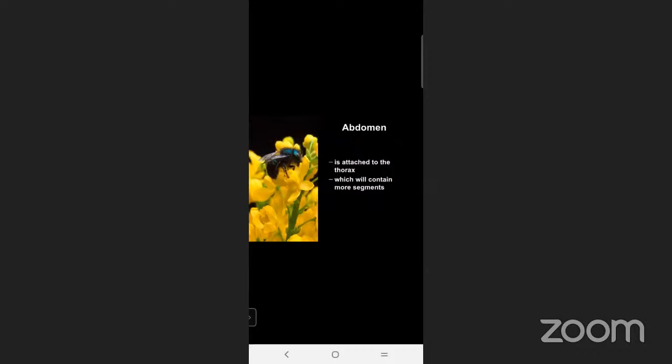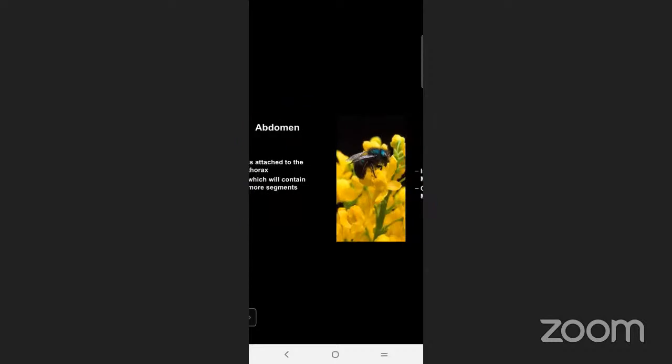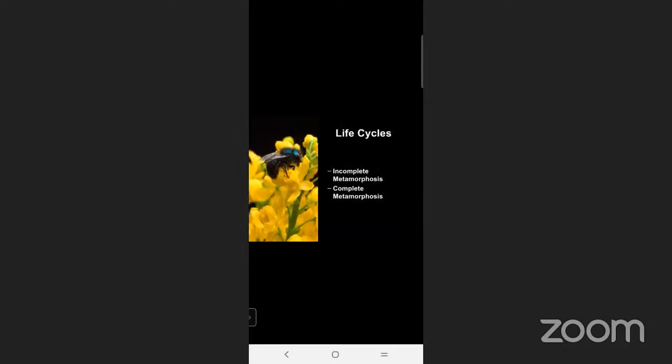Coming to the abdomen, it is attached to the thorax, and it contains 11 to 12 segments, or more than that in some. And we'll see the life cycles as incomplete metamorphosis and complete metamorphosis.